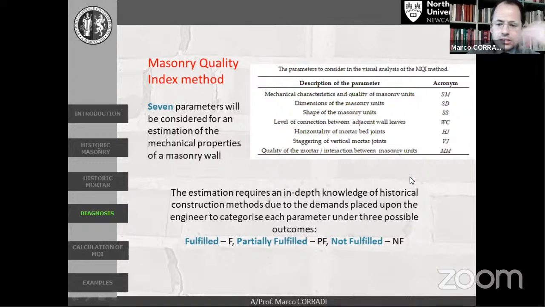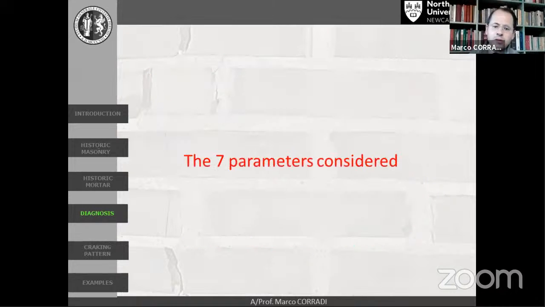So basically, we look at 7 different parameters, and for each parameter, we consider a possible outcome: fulfilled, partially fulfilled, and not fulfilled. So I want to show you what this method is and how it works. So what are the 7 parameters?